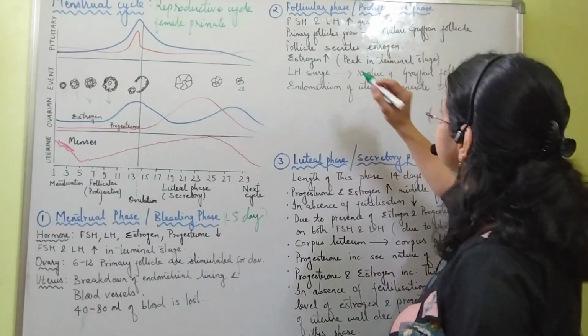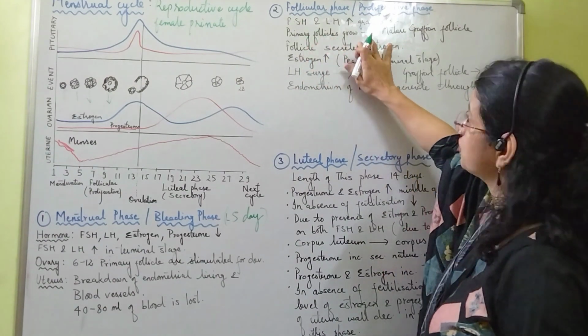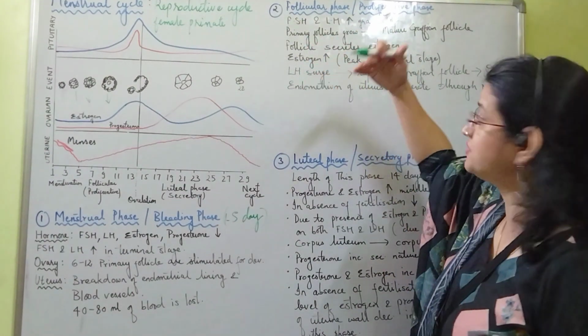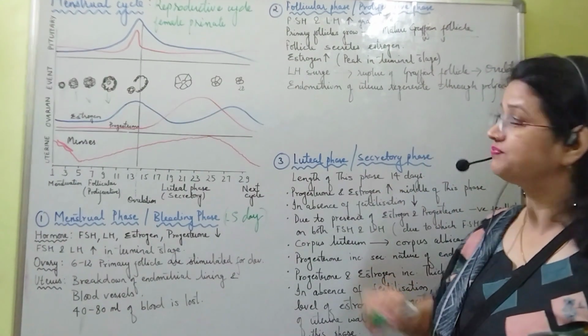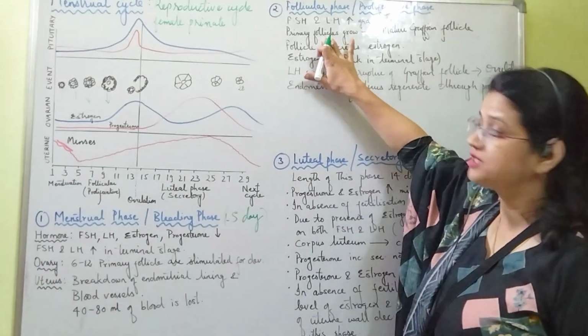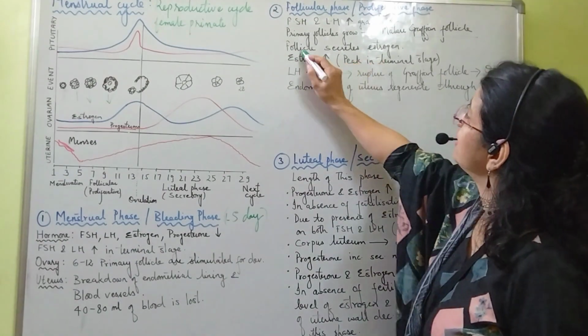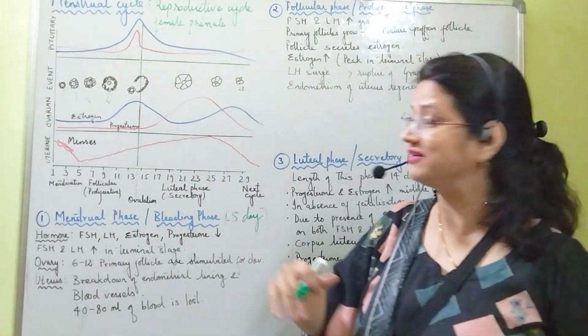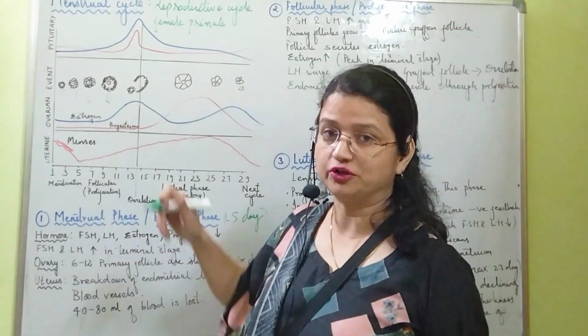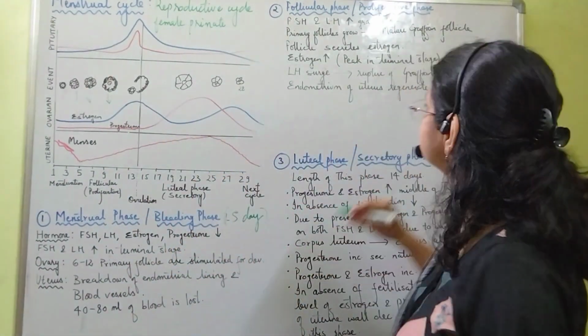So just see here, primary follicles will grow to secondary, then tertiary, and then they will become mature Graafian follicles. Since the follicle secretes estrogen, the level of estrogen will also increase in the follicular phase. Clear?